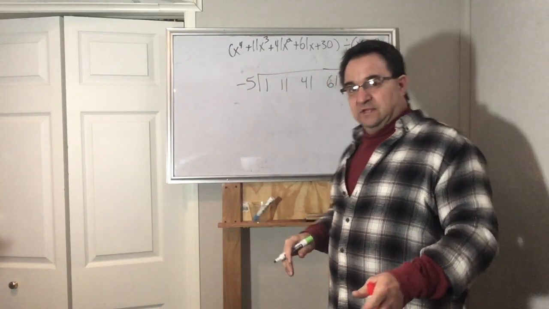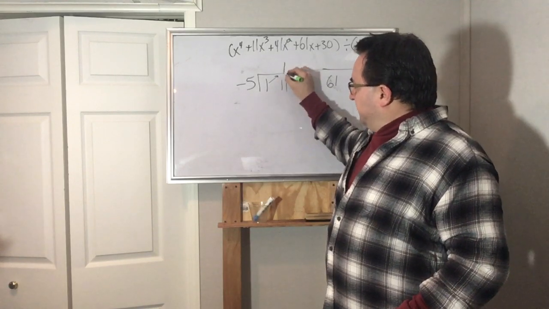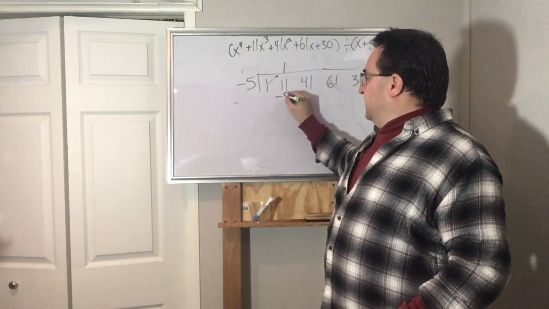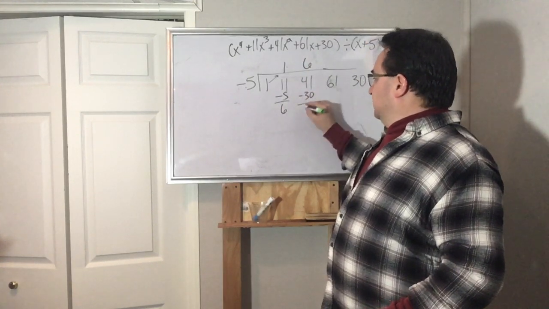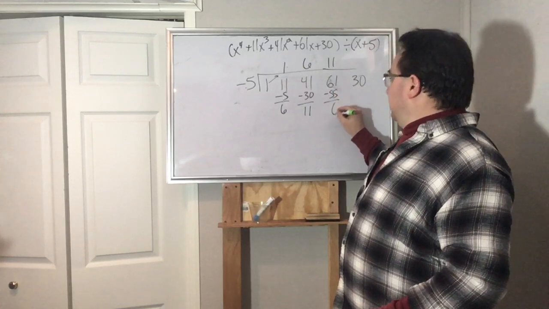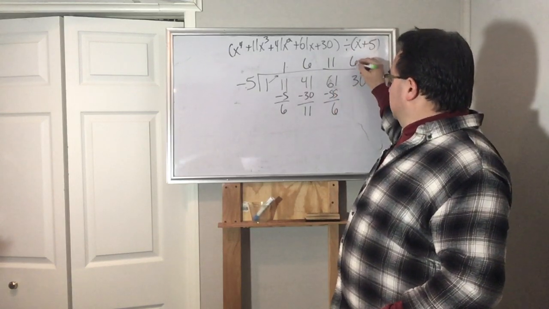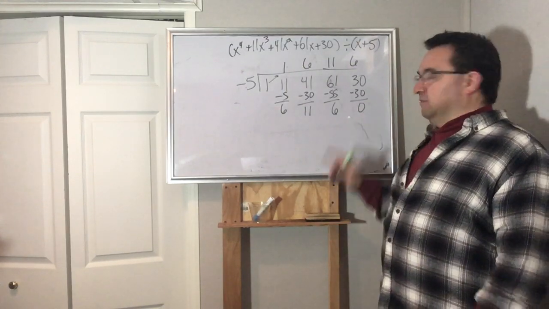There's the setup. Now, pull this up, multiply, add, pull it up. Multiply, add, pull it up. Multiply, add, pull it up. Multiply, add, done. 0 remainder.